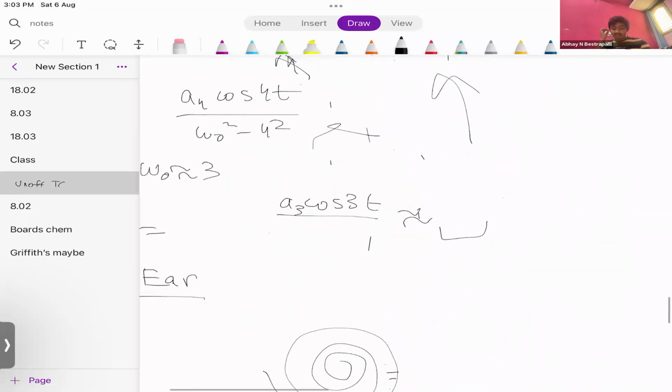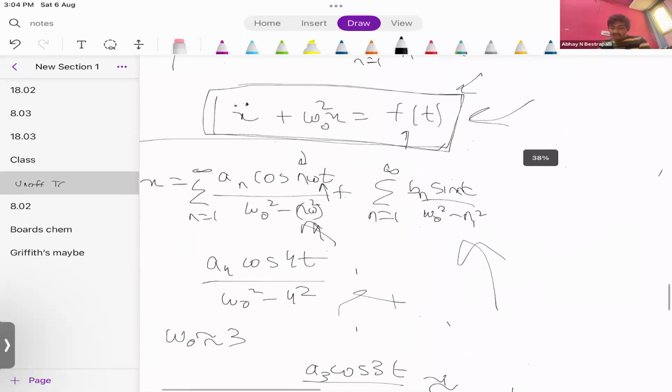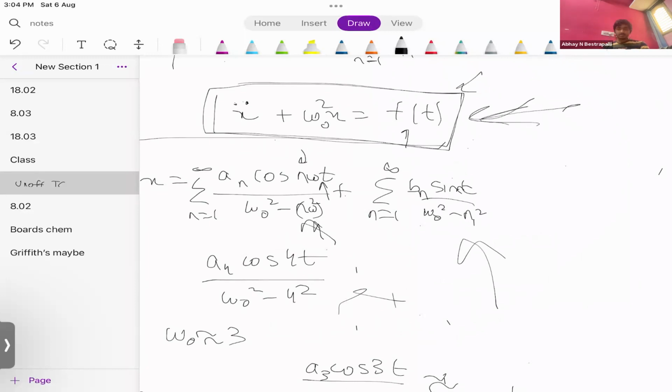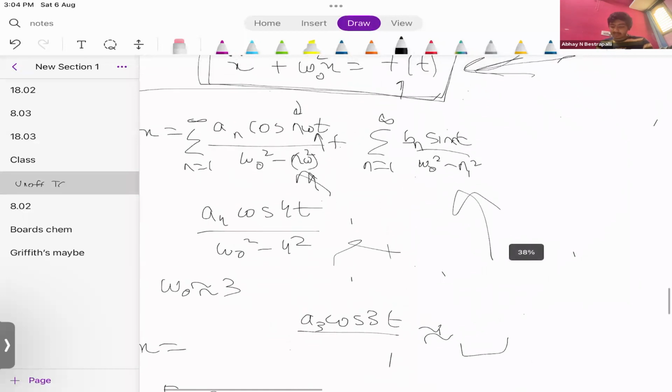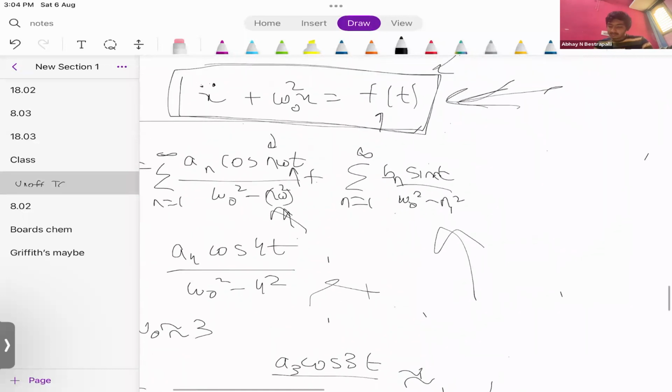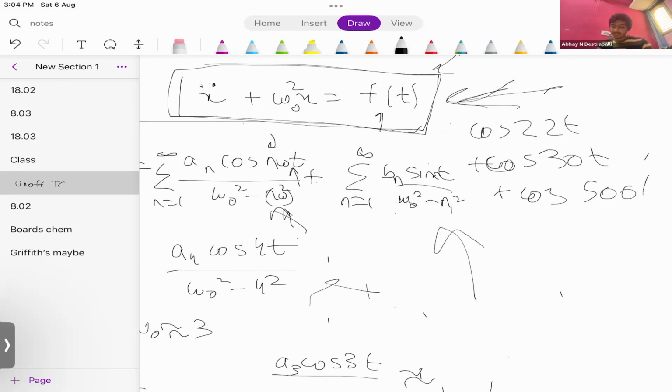Because each of them has a simple harmonic motion equation, this equation, with f(t) as the sound, f(t) will be something like cos 22t plus cos 30t plus cos 500t. And the solution, which is basically how the hair moves, is going to be something like this.